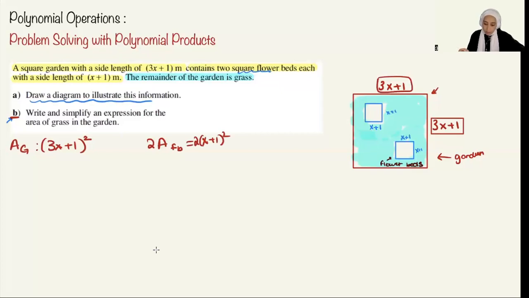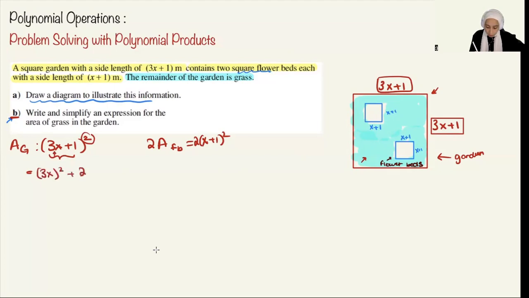So what do I need to do here? I need to expand both of these in order to find the area of the grass. If I expand this, remember we did in part one of multiplying polynomials, when I have a sum squared, the first term is this term squared, so that's 3x all squared.